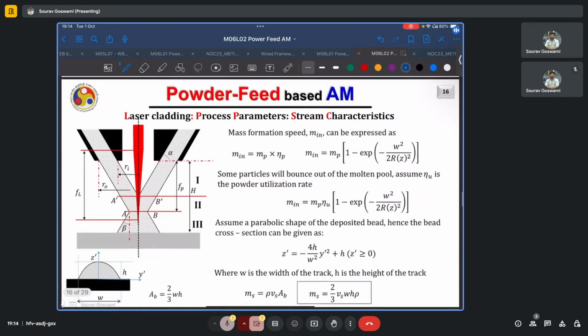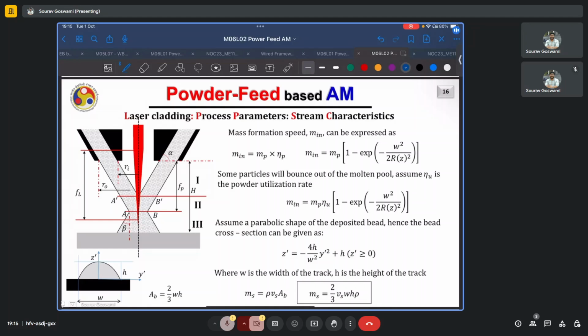The mass formation speed, or say the speed or the rate at which the bead is getting deposited, can then be expressed as the mass flow rate Mp into the primary efficiency eta P. So Min is equal to Mp times 1 minus exponential minus w square by 2 rz square. Some particles will also bounce out of the molten pool, and let us assume that eta U is the powder utilization rate.